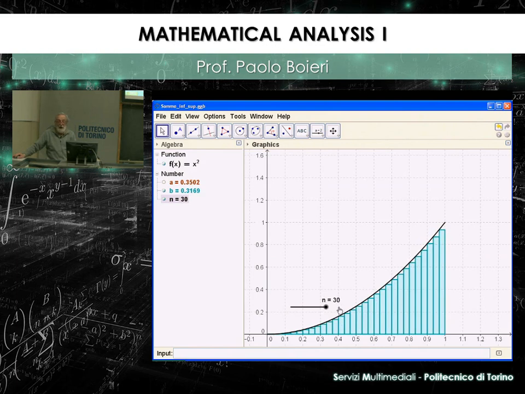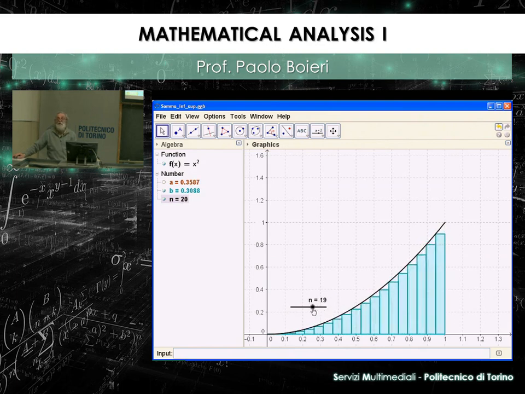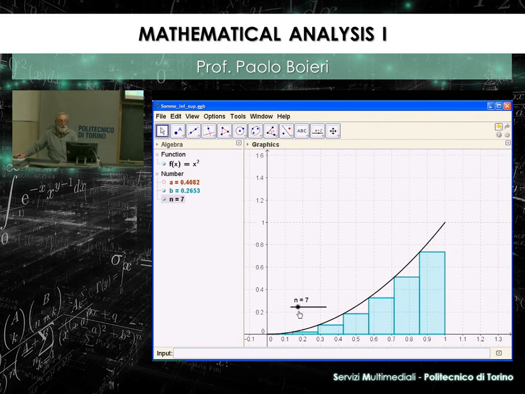Okay? And now, please, there is the difference. For my computer program, I choose the subdivision as I divided the interval in subintervals of the same length. Okay, all these are equal.